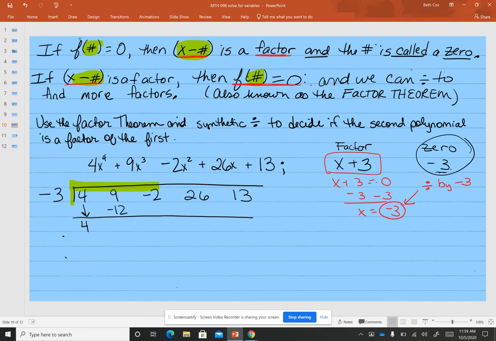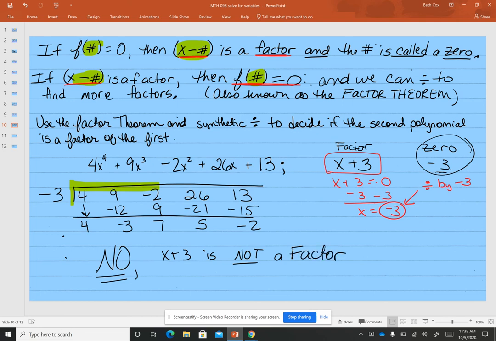So I get negative 12, 9, I get negative 21, and I get negative 15. So the question is, is x plus 3 a factor? And the answer is no. x plus 3 is not a factor.